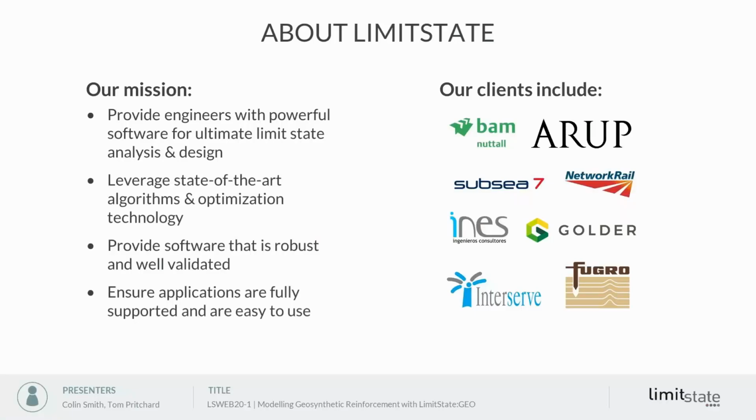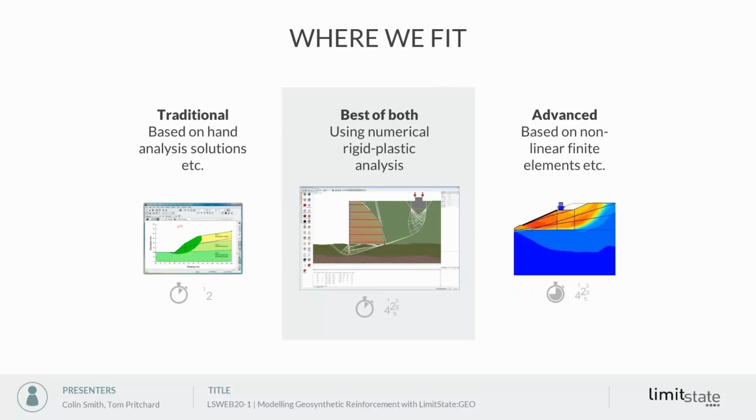So first we'll look at LimitState itself. Our mission is to provide engineers with powerful software for ultimate limit state analysis and design, leveraging the latest state-of-the-art algorithms and optimization technology. And this innovative approach has generated a client base covering over 30 countries worldwide. So where does this software fit?